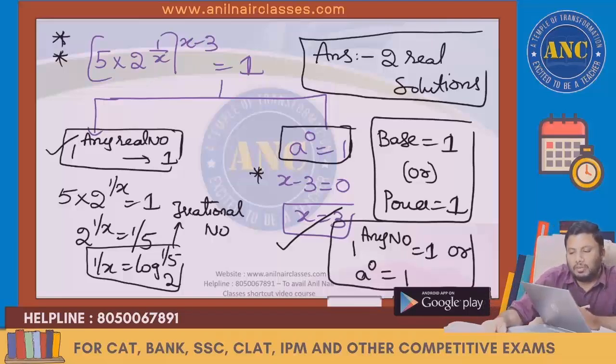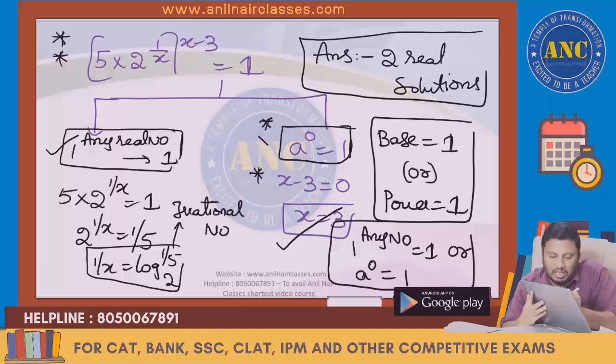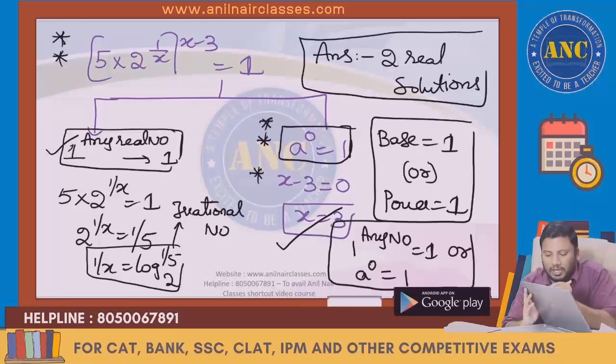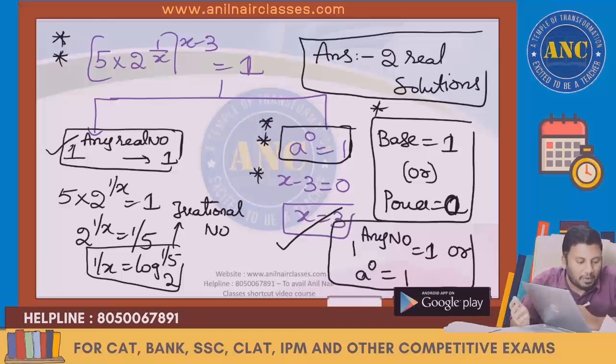Anything power 0 is 1, 1 power any number is 1. 99.99% will take only this case and equate the power with 0. So the power not only can be 0, the base can also be 1. Please write down. Base can be 1 or power can be 0.